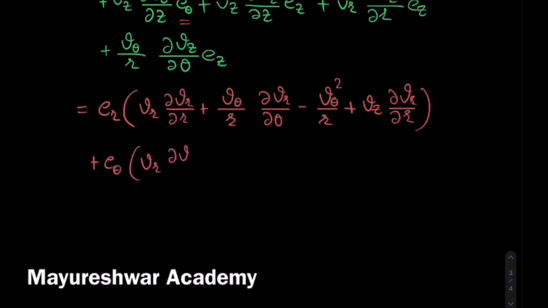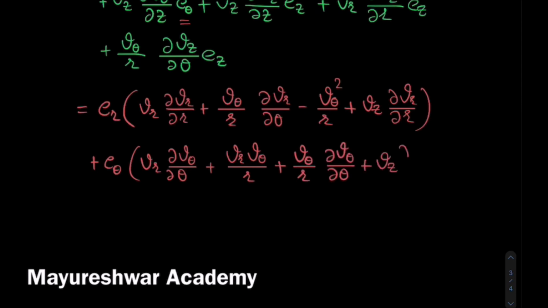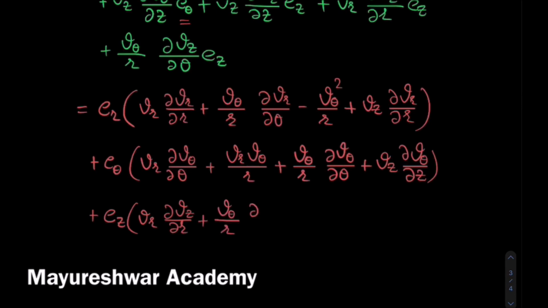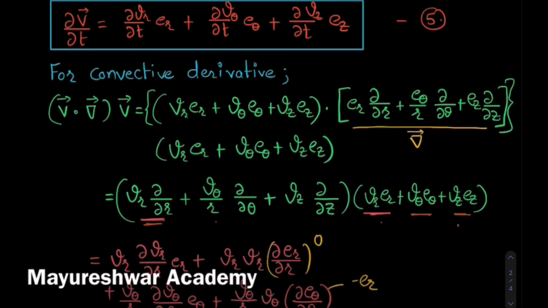Now collect all the e_θ terms, which are v_r ∂v_θ/∂θ plus v_r v_θ by r, plus v_θ over r ∂v_θ/∂θ, plus v_z times v_θ differentiated with respect to the z direction. Similarly, the e_z component will be v_r ∂v_z/∂r plus v_θ over r and v_z ∂v_z/∂z along the z direction.